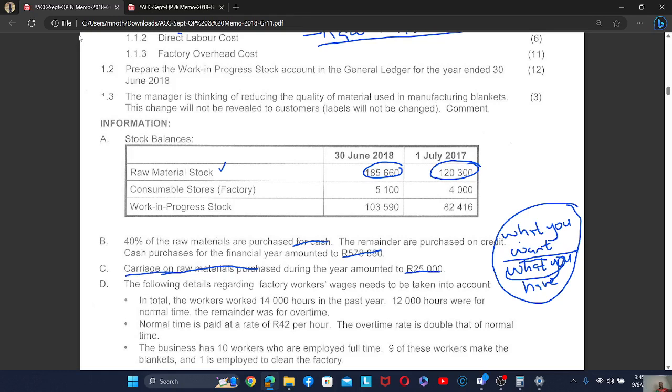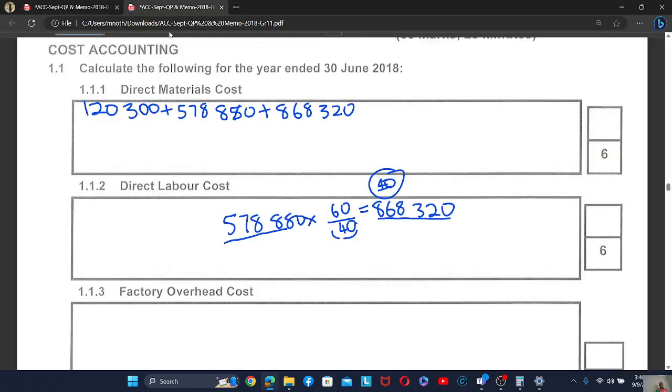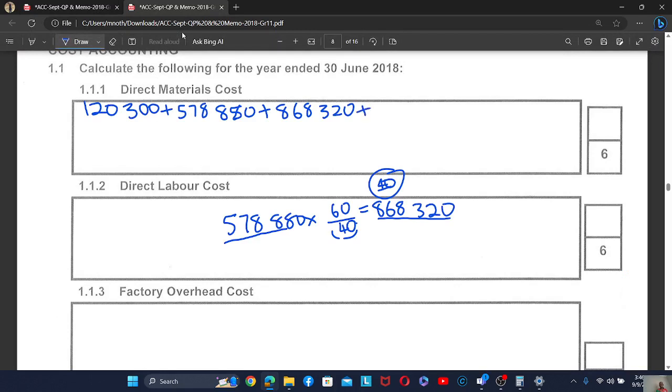So must we also add that, or is it another account? The carriage on raw material purchases, or the transporting cost, must also be added to the raw material purchased. So we need to add this 25,000 here.